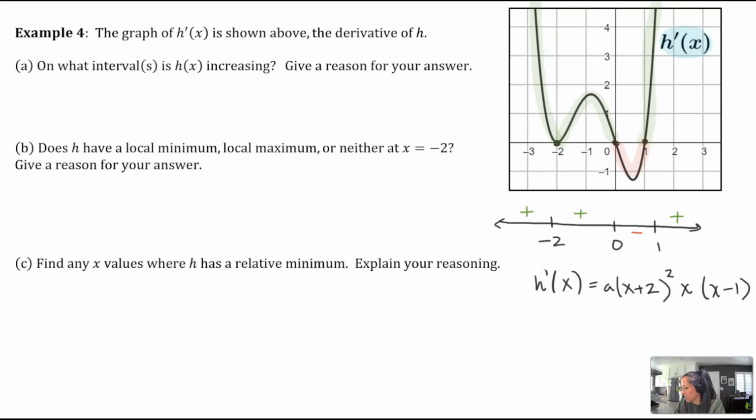All right, so let's look at this thing. On what intervals is my h of x, the original function, increasing? Well, we know that's when h prime is positive. So let's go ahead and write those in. Simple enough.